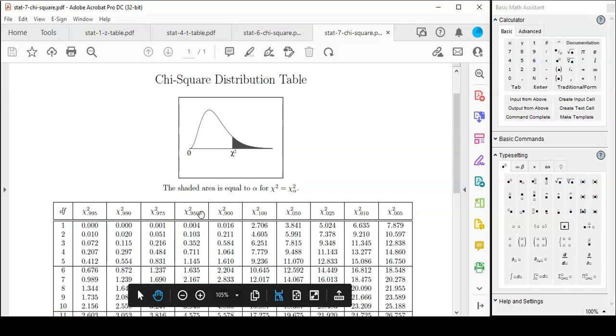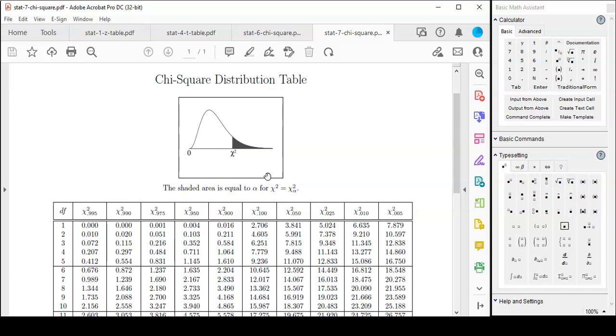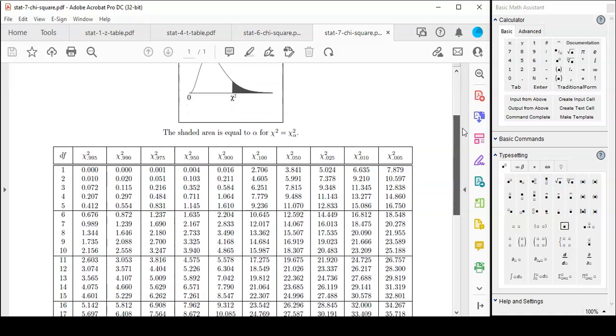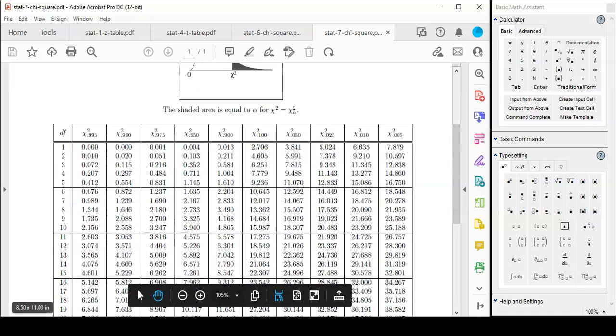So previously we were 95% here, but we want just 5% here. So 5% is here. And then sample size is 15, so degree of freedom is 14. So we are looking at 5%, degree of freedom 14. We are looking at 23.685.